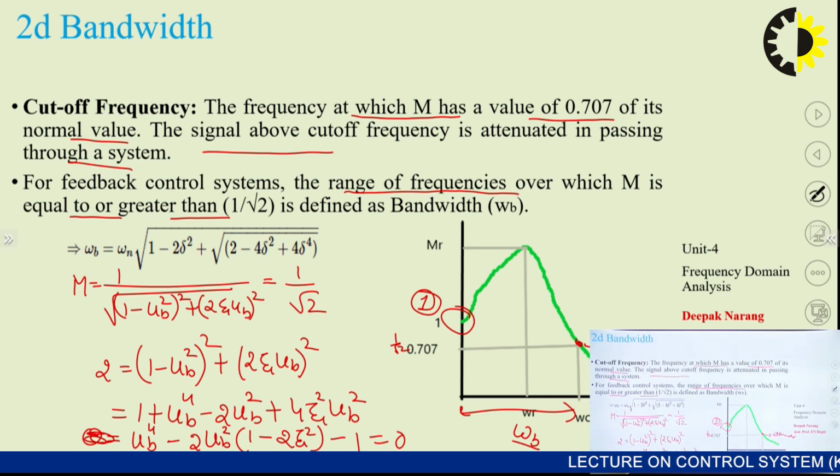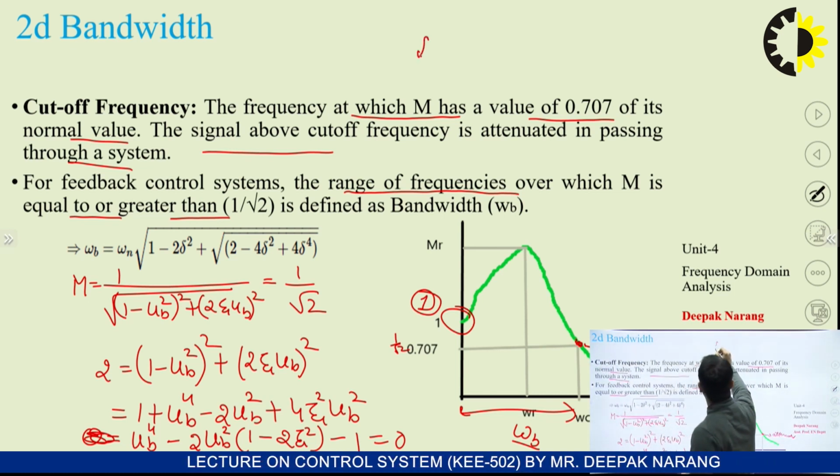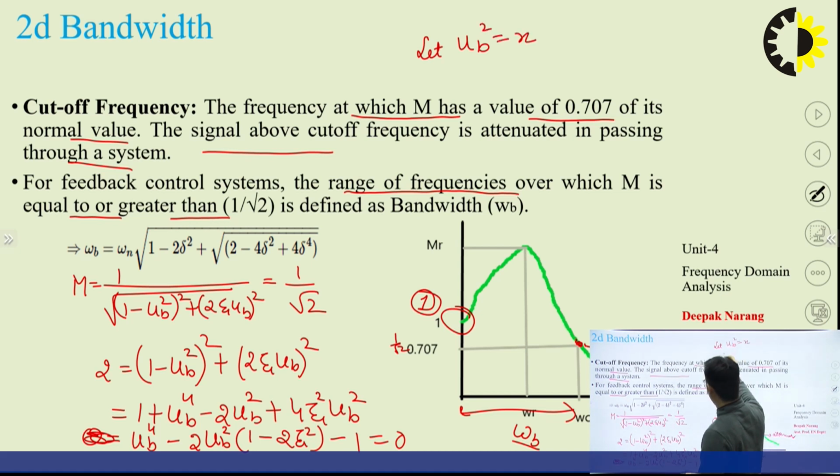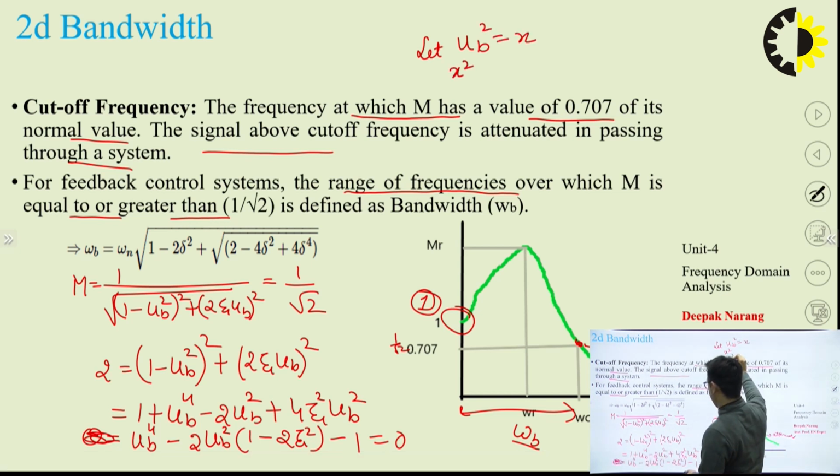Okay, so let u_b square be equal to x. So this becomes a second order equation.